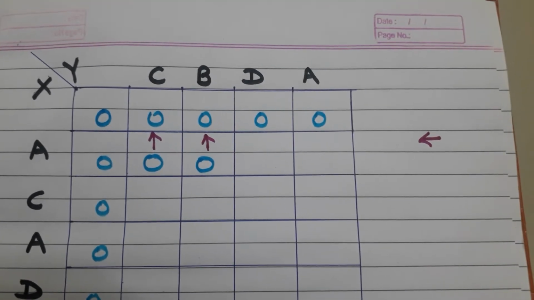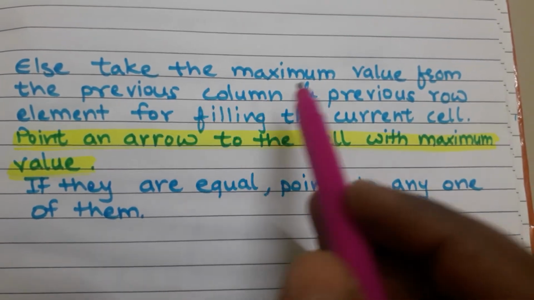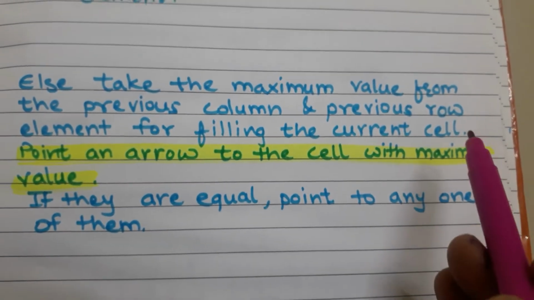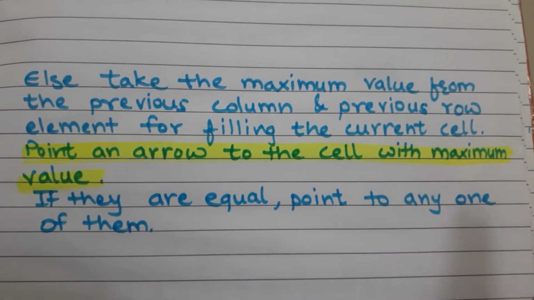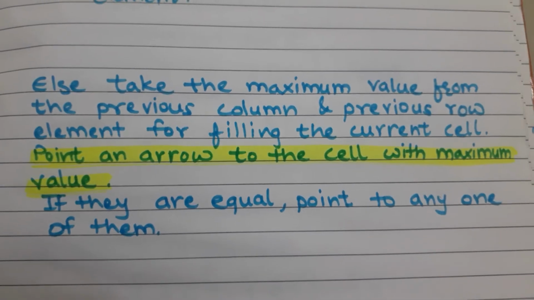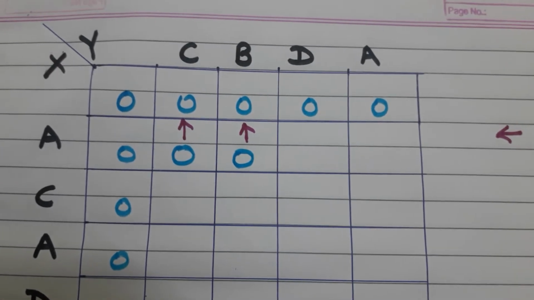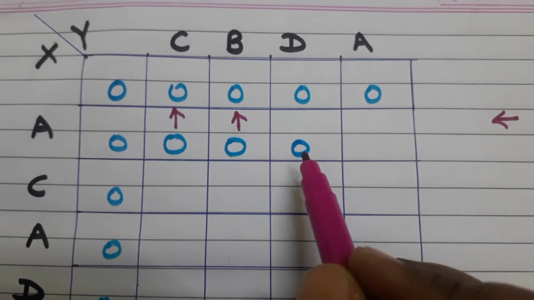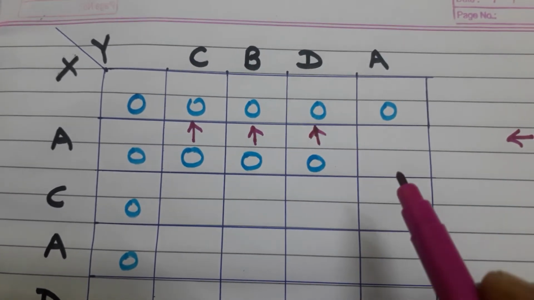As we have seen, when the characters are not matching, we take the maximum value from the previous column and the previous row for filling the current cell, and we point an arrow to the cell with the maximum value. The same thing we do over here. A and D are not matching, so we write 0. We consider that this 0 comes from the above row, the previous row.